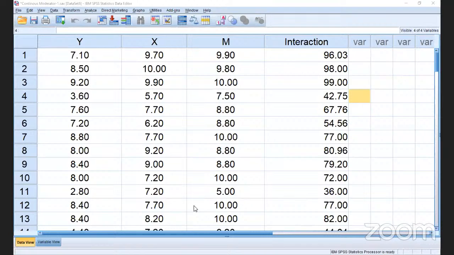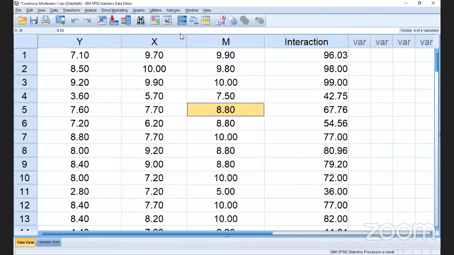So this I am showing you on the slide, my continuous moderator, interaction term.